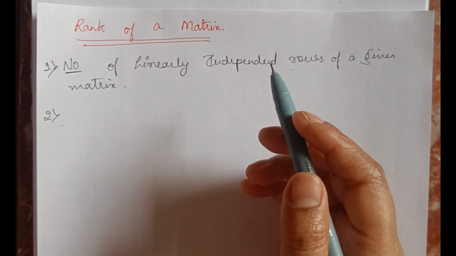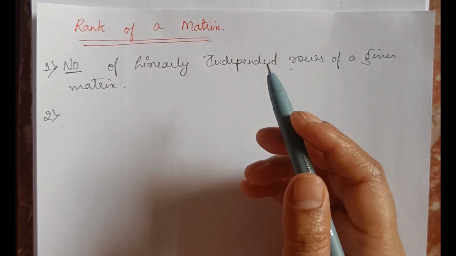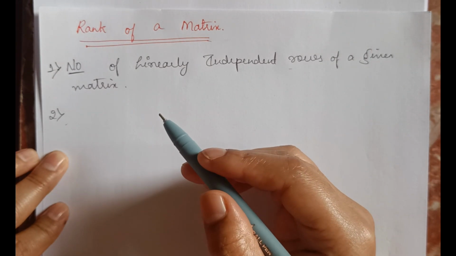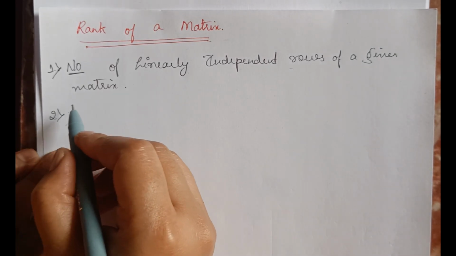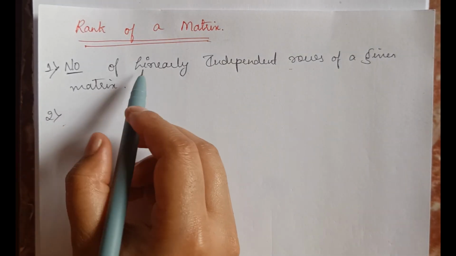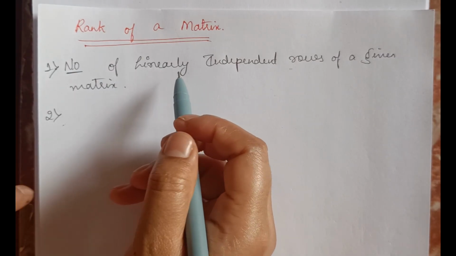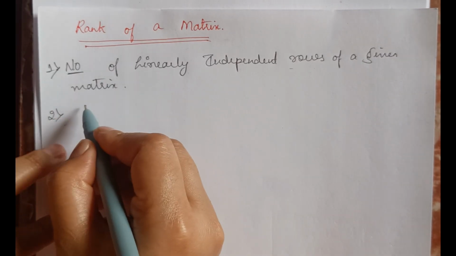Now I am telling you a little bit more advanced definition of the rank of a matrix, using which you can get full marks without any doubt. The earlier one can work for 1 mark, but if they ask for 2 marks or something, then you have to use this one.